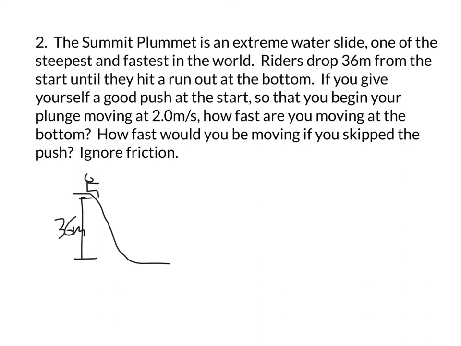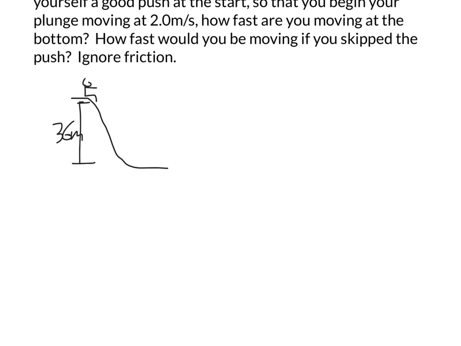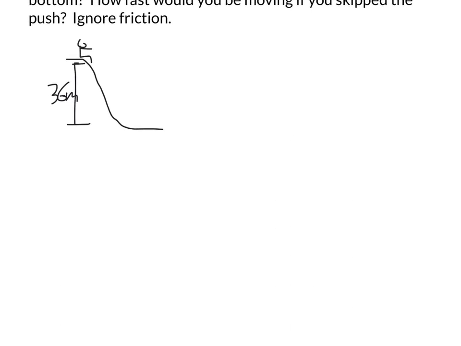Whew. How to start this one? Well, notice they don't give us mass, but if it's like the last problem, that won't matter, right? So they're starting with mgh. This person has some mgh initial. Subtract. Oh, hold on, that's mgh initial. I've got to go back the other way.